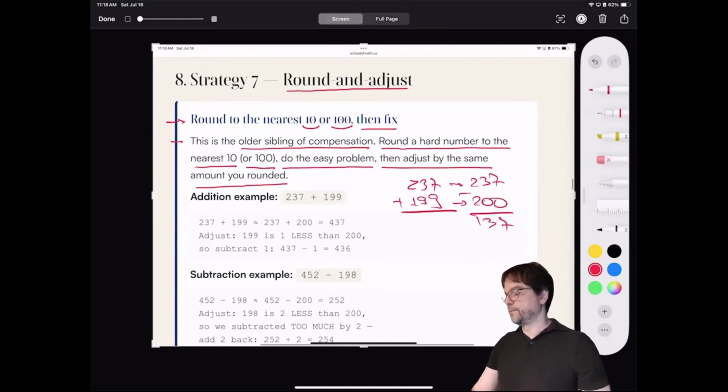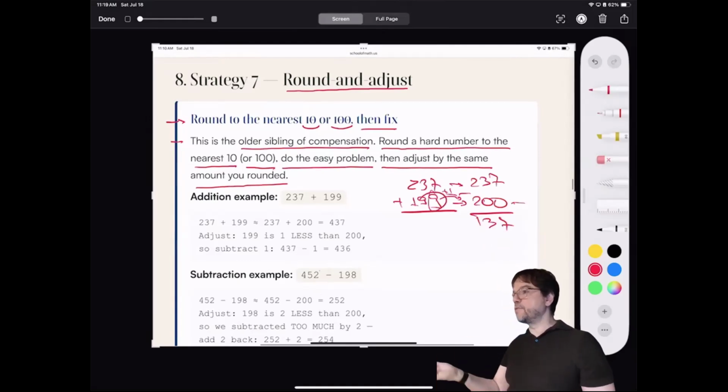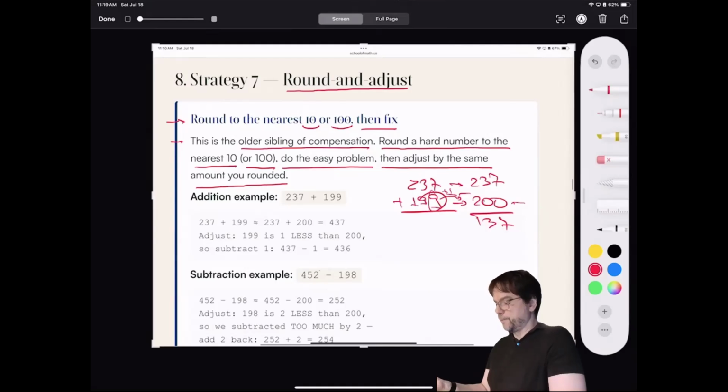Look at the screen. But here I added one. It's one less from 200, so I took one more. Now I need to give it back.